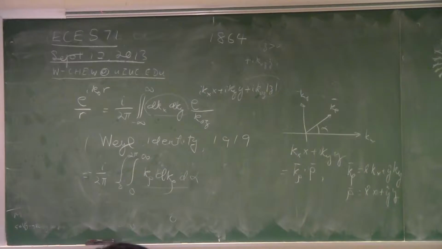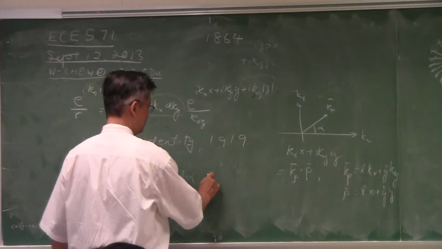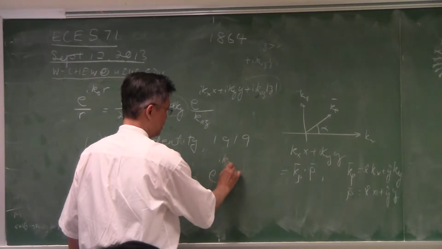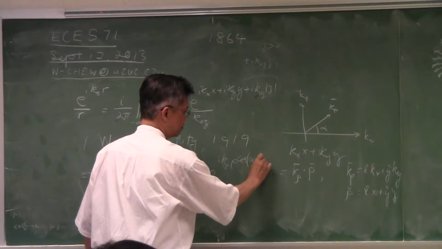So that thing can be written in that manner, and hence this can be written as e to the i k rho rho cosine of alpha minus phi.